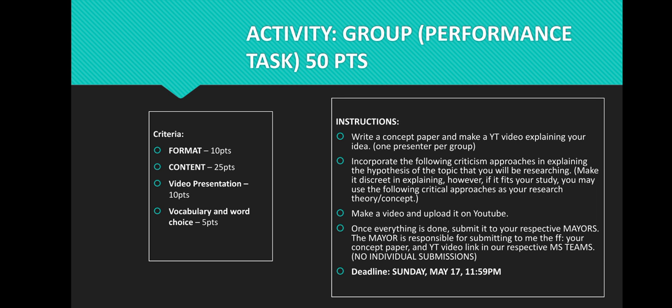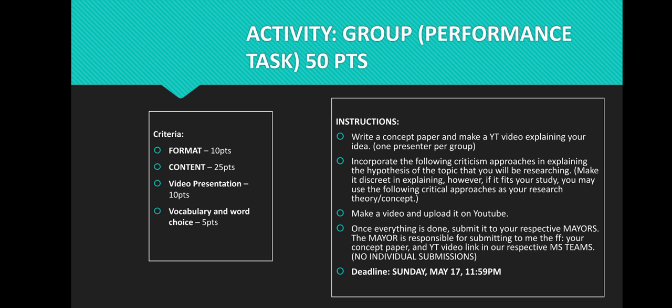Now, I placed the 5 points in vocabulary and word choice mainly because most of your outputs with your action research were not using certain terms or certain words for your action research.